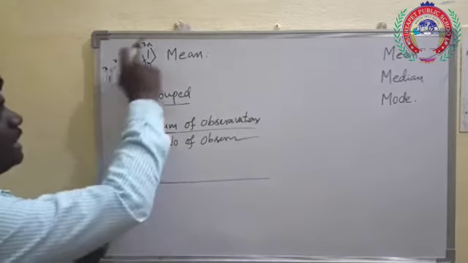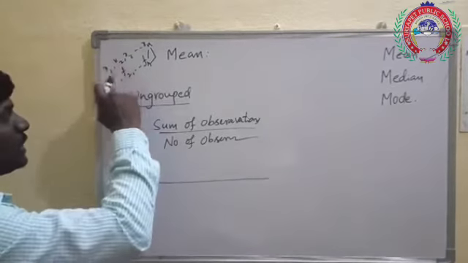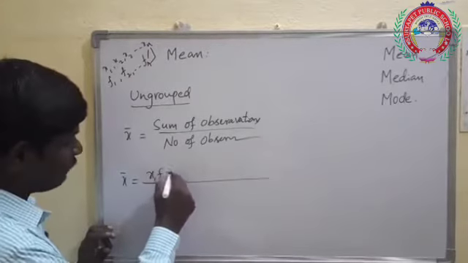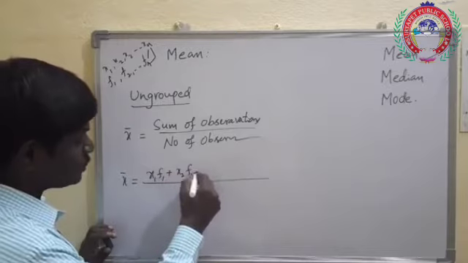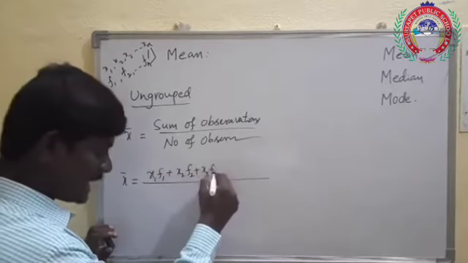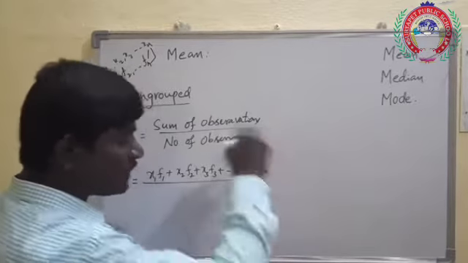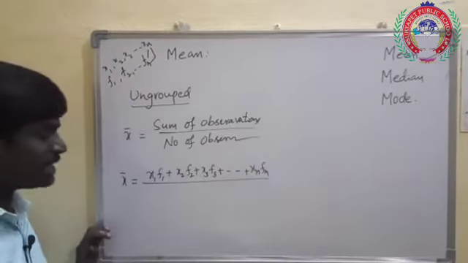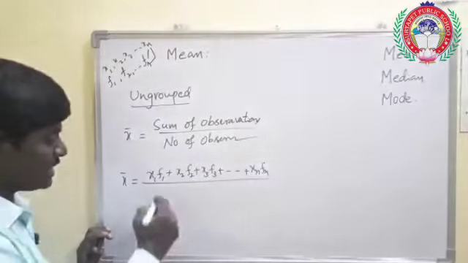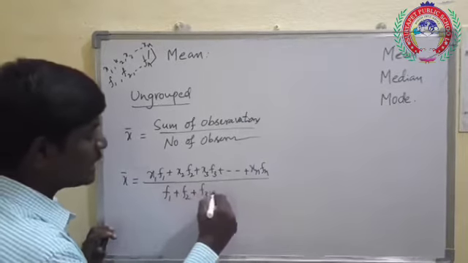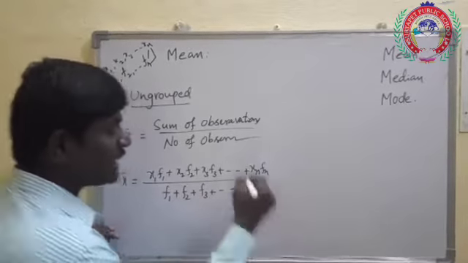Very simple. We will multiply every observation with its frequency. So x1 f1 plus x2 f2 plus x3 f3 and so on, xn fn, whole divided by the sum of all frequencies, f1 plus f2 plus f3 and so on fn.